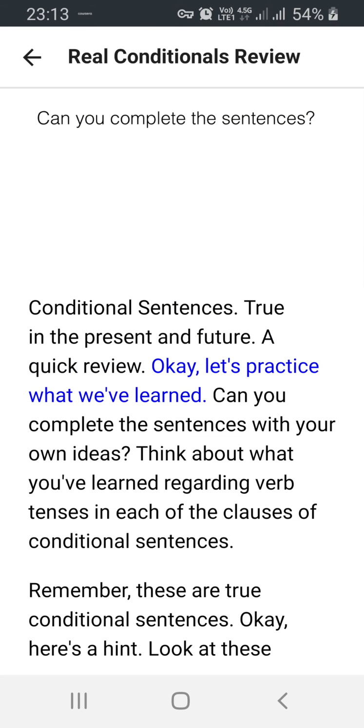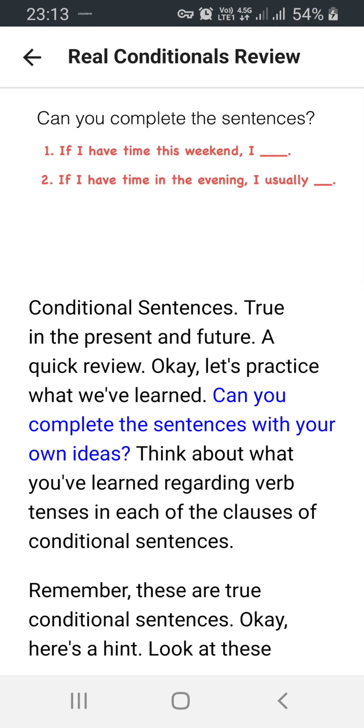Okay, let's practice what we've learned. Can you complete the sentences with your own ideas?